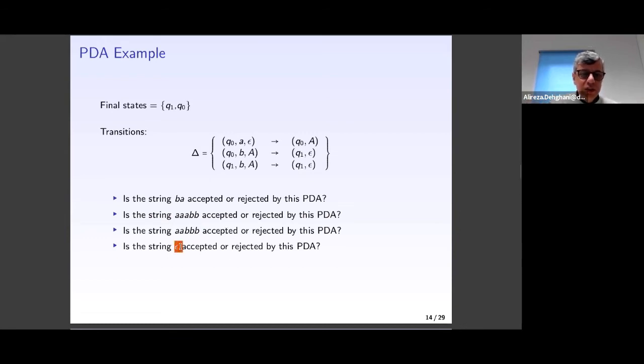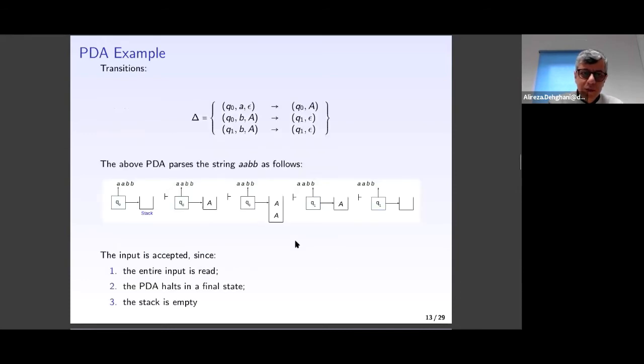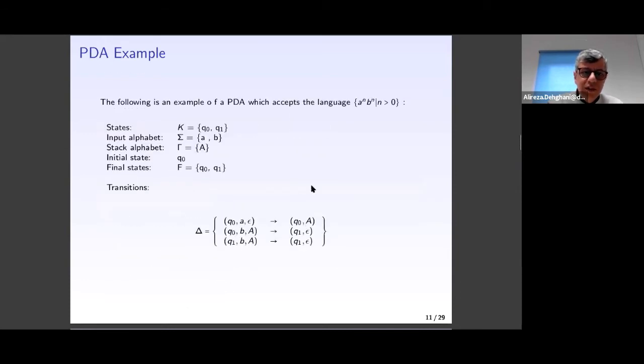What about this one? That means the string is empty. We are in the beginning state, and we don't have any character, so that's okay. We don't push anything, we don't do anything, and so on. So is it rejected or accepted? Sorry, Q0 is a final state also, so it is accepted.